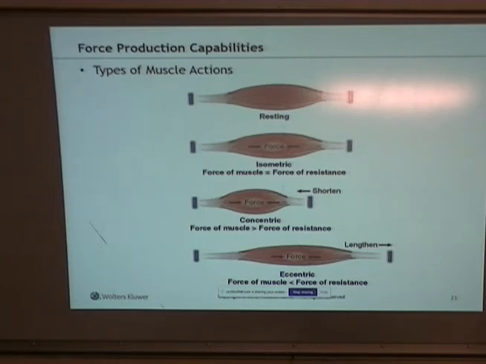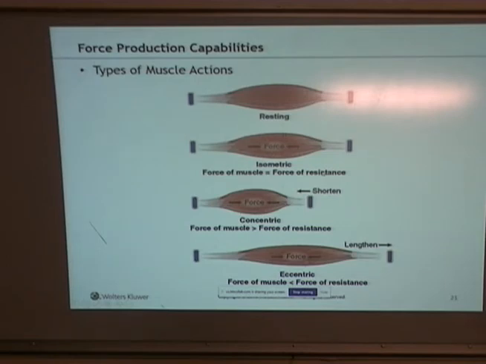There's force being produced within the muscle, but we don't see the actin sliding across the myosin. You can see here there's no change in length. This is an isometric action, and in this situation, the force of the muscle equals the force of the resistance.